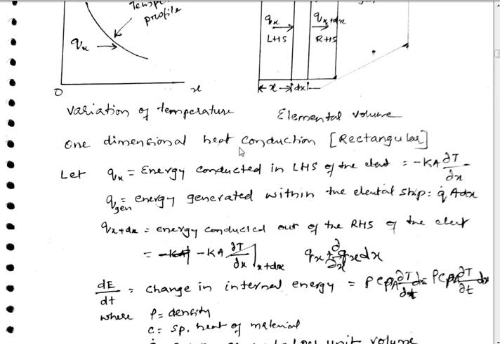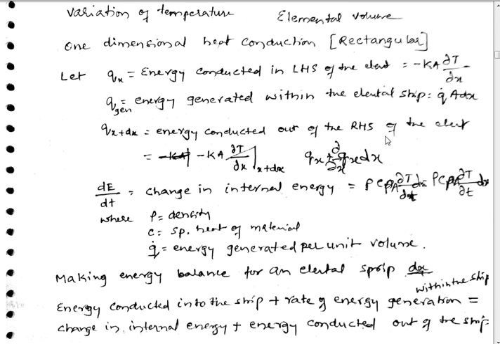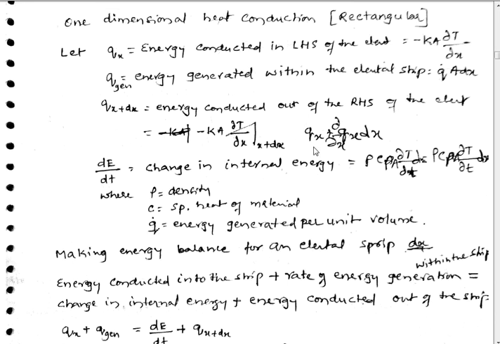Then in the one-dimensional heat conduction equation, qx is the energy conducted into the LHS of the element, minus KA dT by dx. Q generation is the energy generated within the element, q dot A dx, and q at x plus dx is the energy conducted out of the RHS of the element, which can be written as qx plus dou by dou x of qx dx.